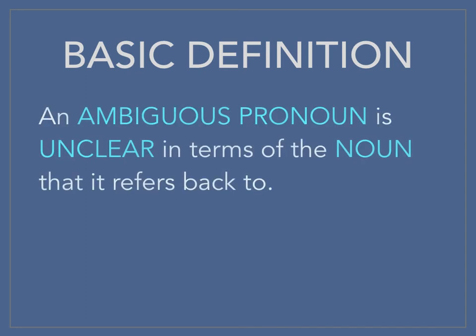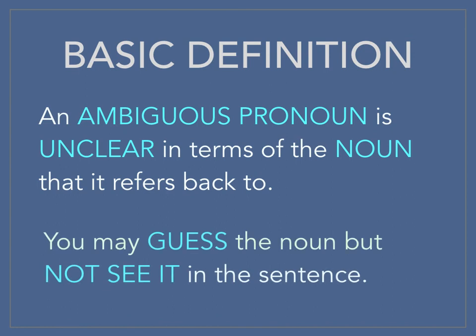An ambiguous pronoun is normally unclear in terms of the noun that it refers back to. And the thing here is that, yes, you may be able to make some guesses as to what the noun is. Like let's say you have a sentence in which you have a lot of descriptions of some animals.